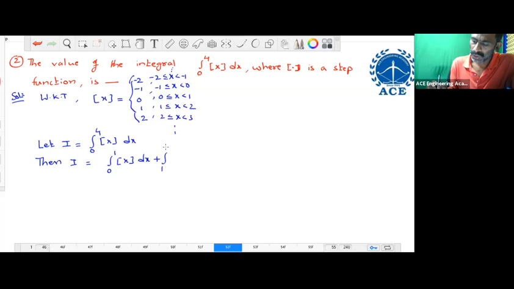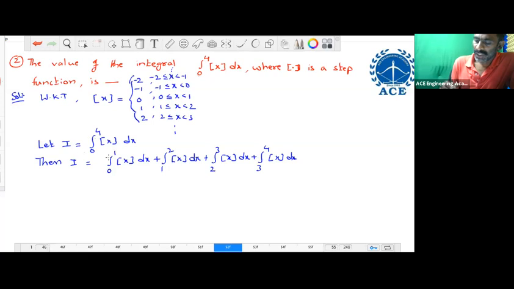So 1 to 2 step x dx, plus after 2, the next integer is 3. 3 is inside the interval. So at that point, break the interval. 2 to 3 step x dx, plus after 3, the next integer is 4. Our upper limit is also 4 for the main integral. So we stop here. 3 to 4 step x dx.